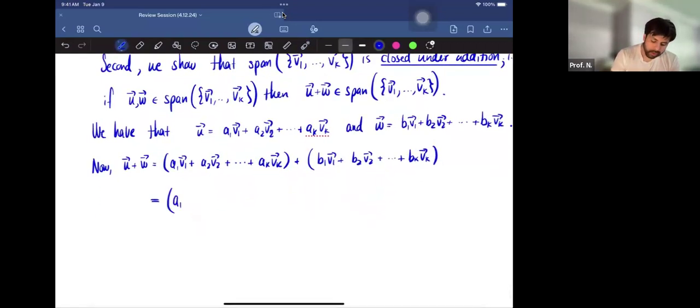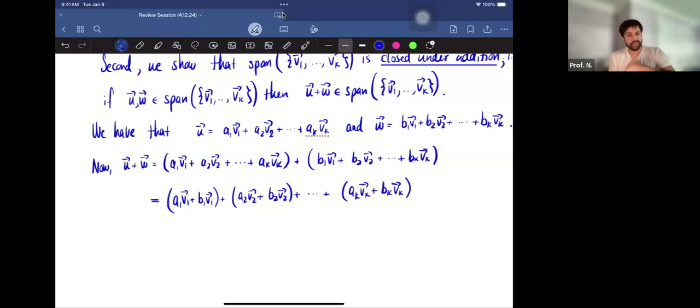And I'm going to do so in a very special way. I'm going to do so that contains A1 V1 and B1 V1, and then I'm going to associate those things together. Then I'm going to do A2 V2 and add it to B2 V2 and associate those. Dot, dot, dot, AK VK plus BK VK.